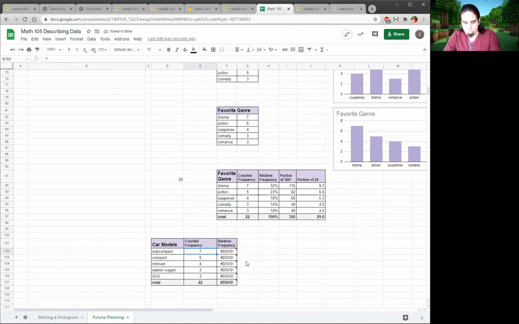Okay, I'm just going to put new numbers in, 11, 15, 24, 6, 7, something like that. So again, for each of these, I take the counted frequency, divide it by the total. If you know about spreadsheets, I have to put a $ sign in. So okay, we have some data.